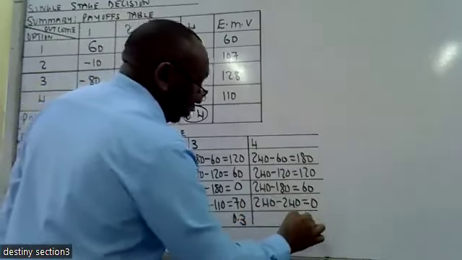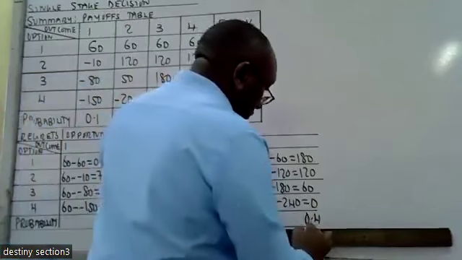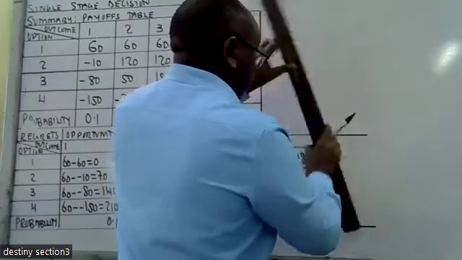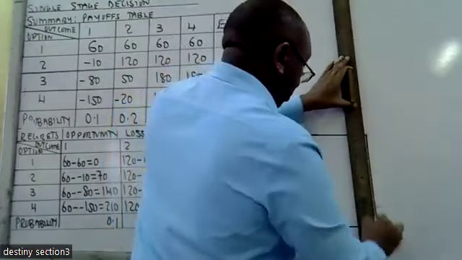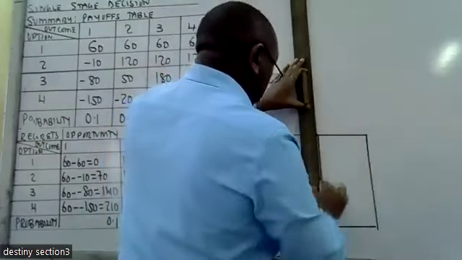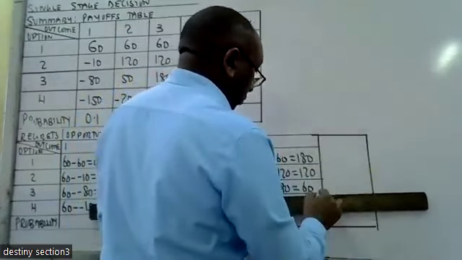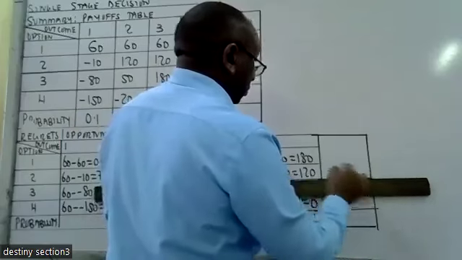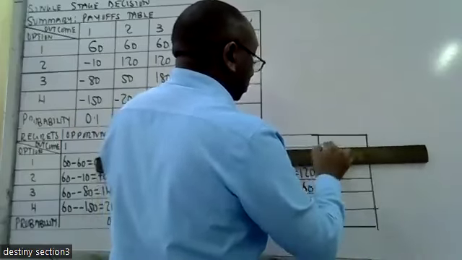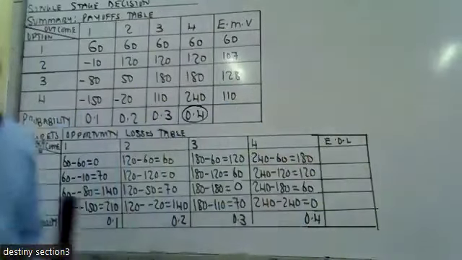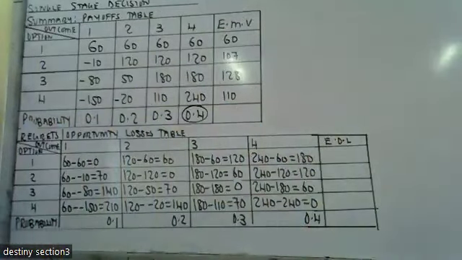And the probability is 0.4. And the last column is expected opportunity loss.